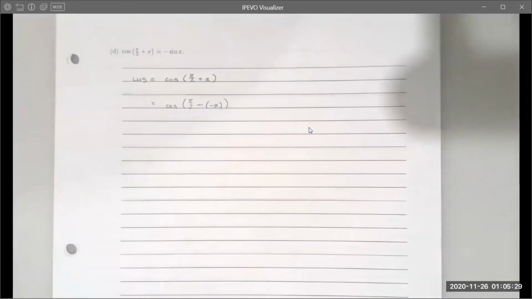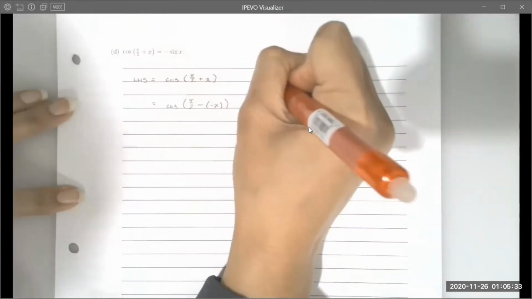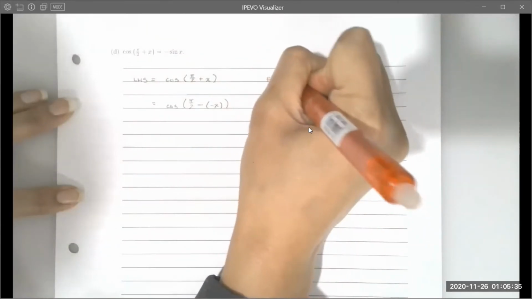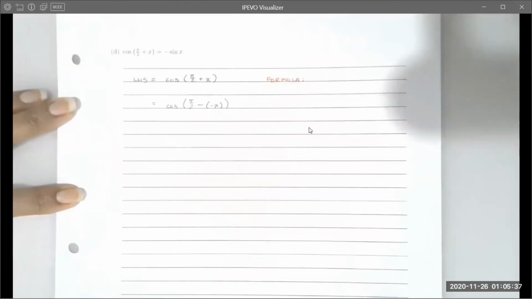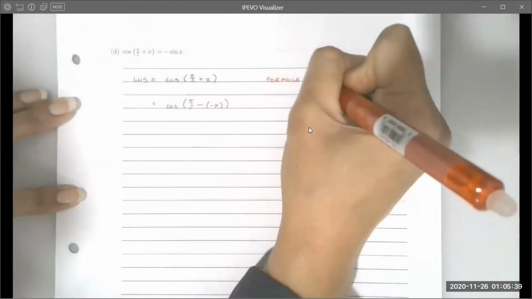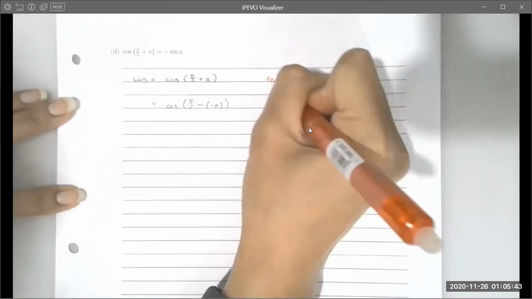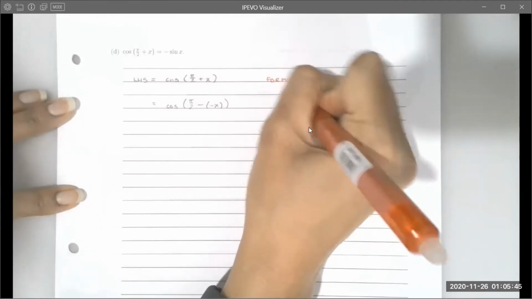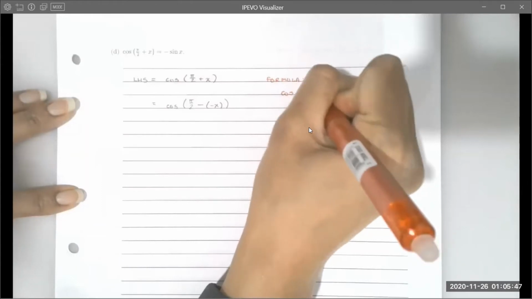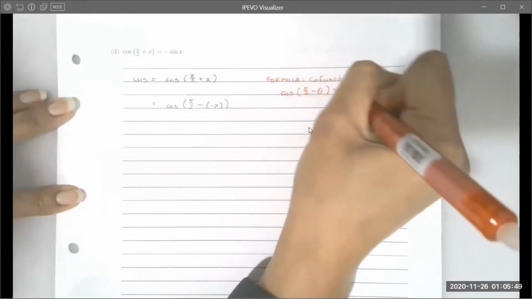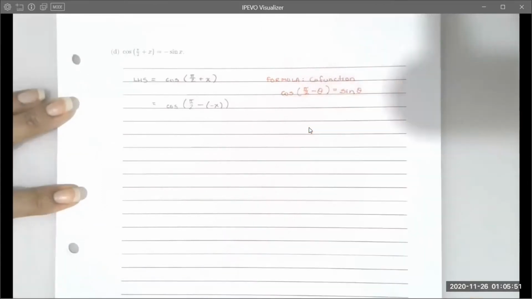So that's the formula I'll be using, and I'll write it here in the notes as well. If you're reading back to these, you can take a look at what we use. The formula is a cofunction formula, the one that reads cosine of pi over 2 minus theta is equal to sine of theta.